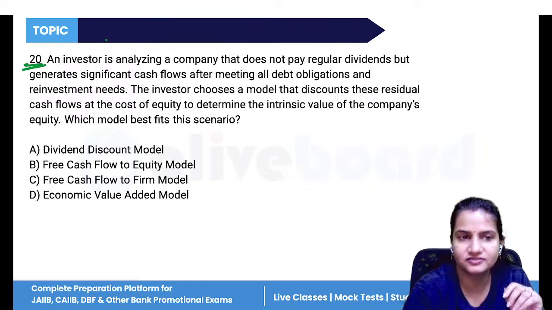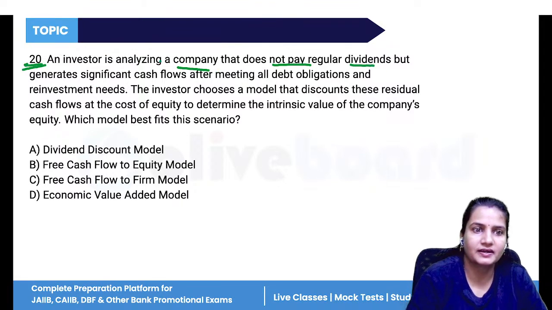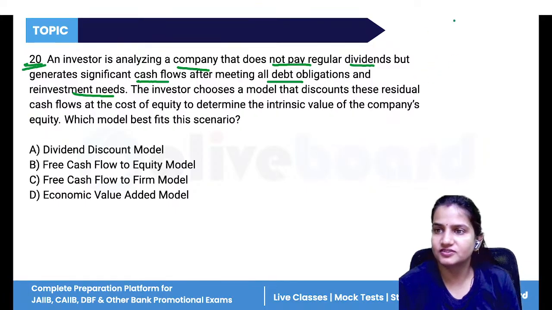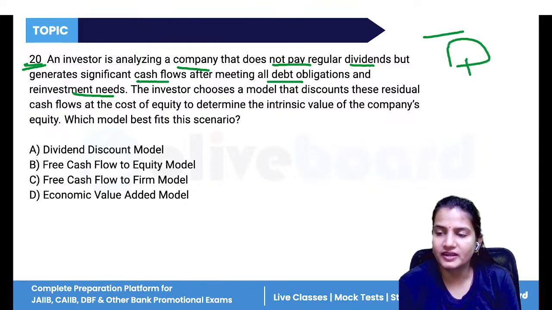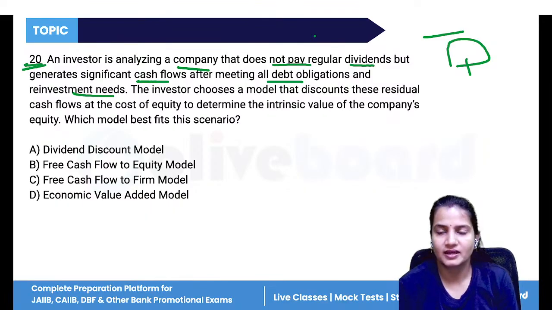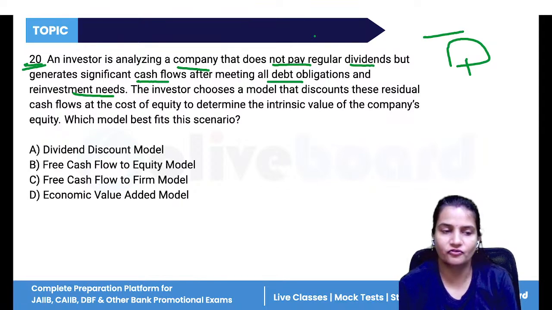An investor is analyzing a company that does not pay regular dividends, but generates cash flows after meeting all tax obligations and reinvestment needs. The investor has analyzed that when the company has made profit, it first pays all the obligations, then whatever amount is left, the company is not paying to its shareholders as dividend, but keeping as retained earnings for reinvestment.